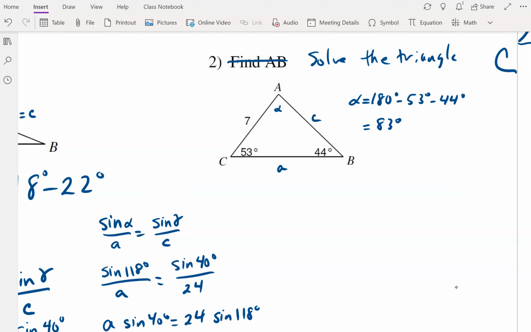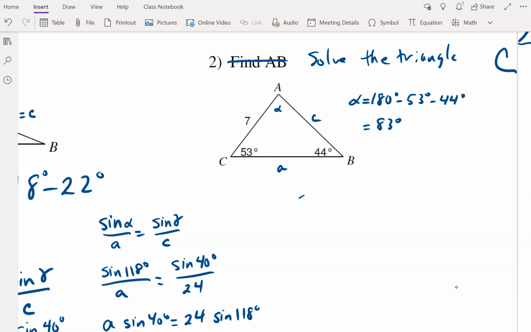All right, so now that we know this angle, the alpha, we can certainly find A, and then we can find C using the B as well. So it doesn't matter what order you do it in as long as we get all three. Since I just found the alpha, let's go ahead and do the A at the same time.